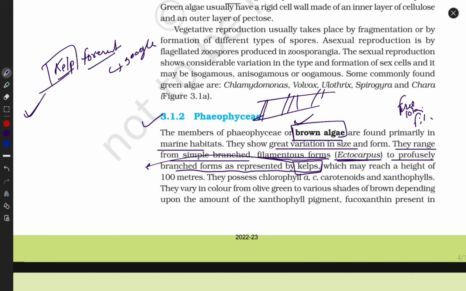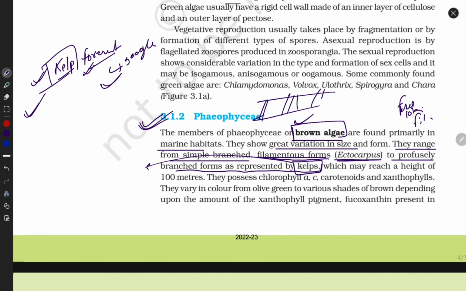You can search on Google and watch the pictures of what kind of kelp forest is in our sea. Their height is so long and dense that's why we call it a forest. None other than algae, most important.